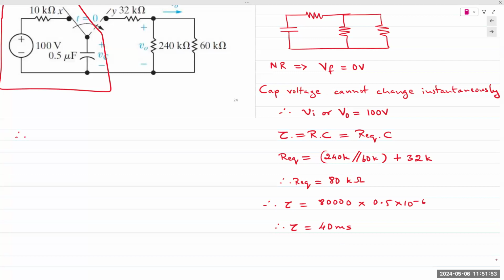And the final value, VC of t is VF plus V0 minus VF into e raised to minus t over tau. Oh, 0.04.